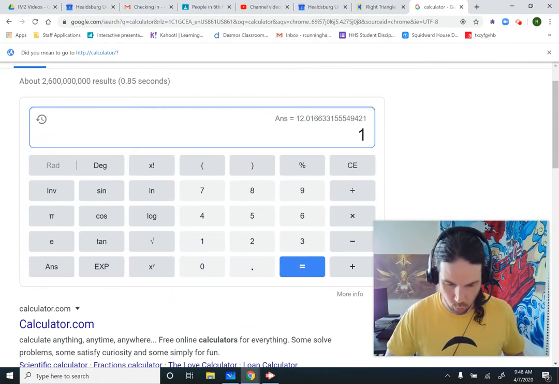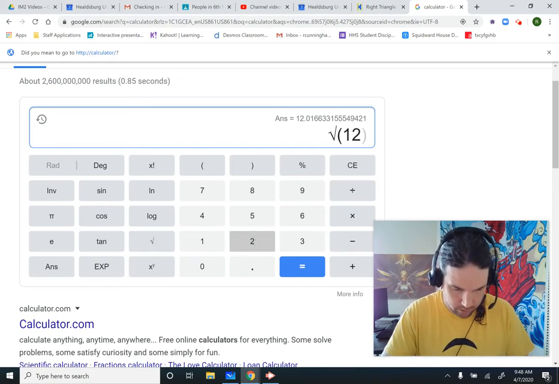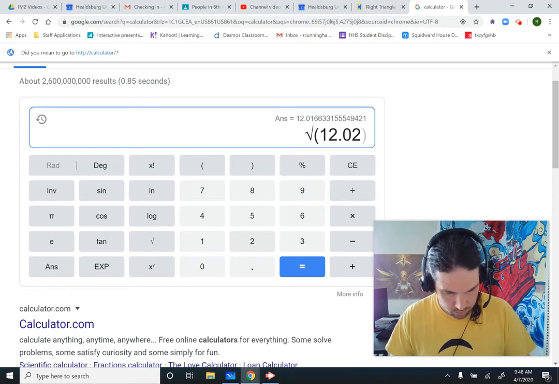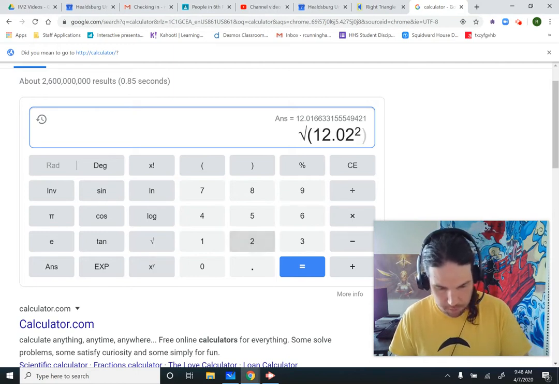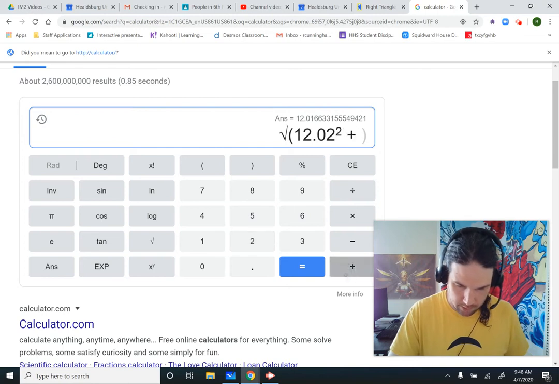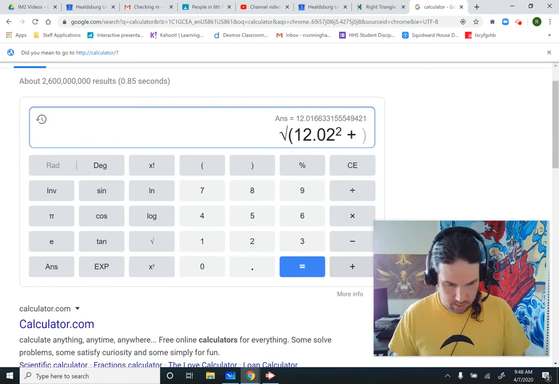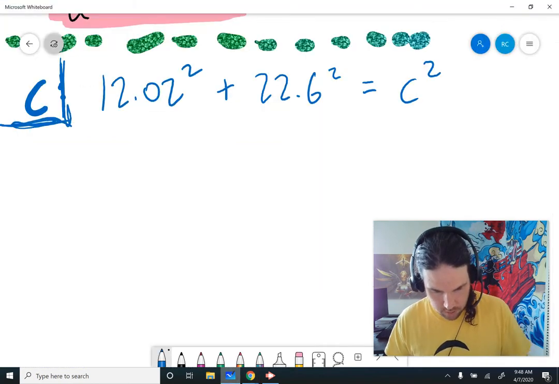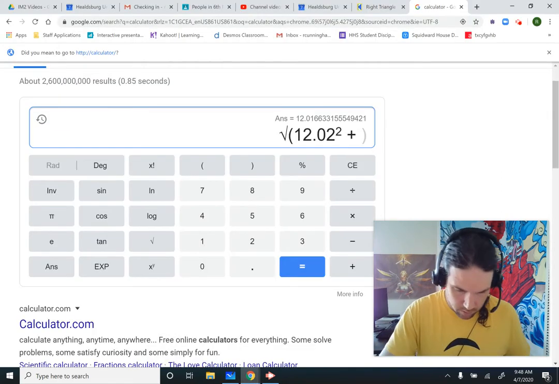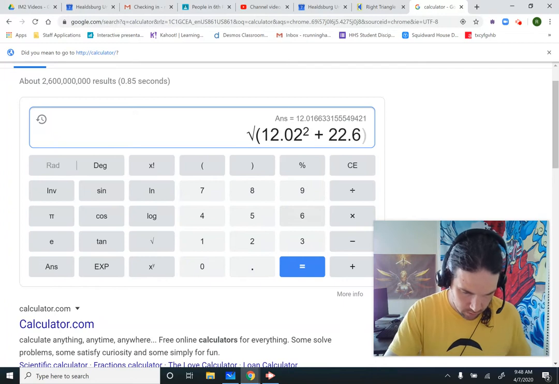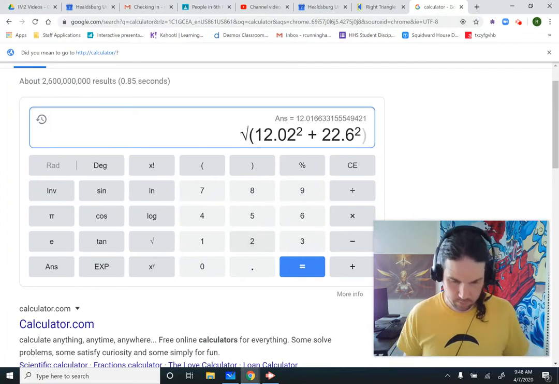Actually, let's do this all in one go. I'm going to say the square root of 12.02. Does not look like there is a specifically squared button, so I'm going to say to the 2 power plus, what was the other one? 22.6, 22.6 to the 2nd power.